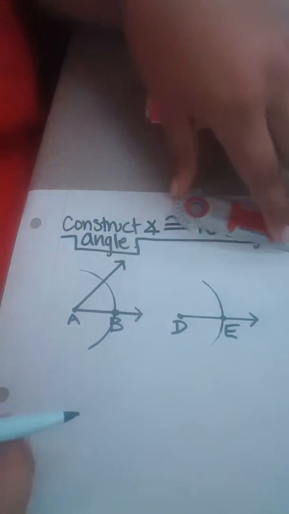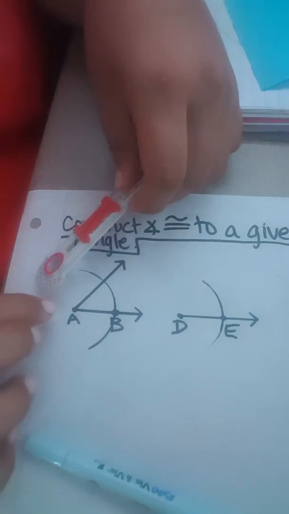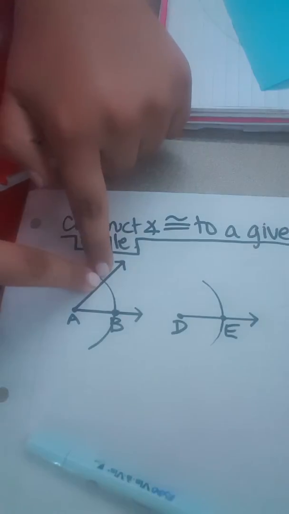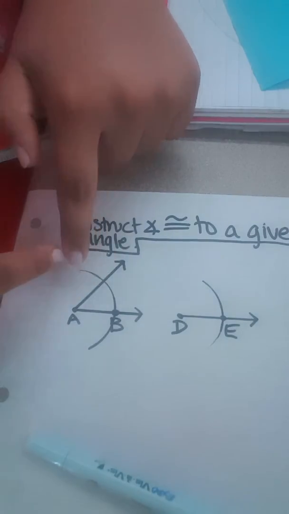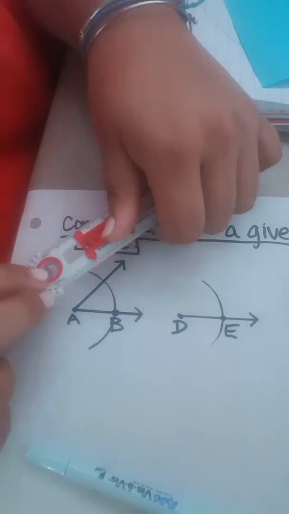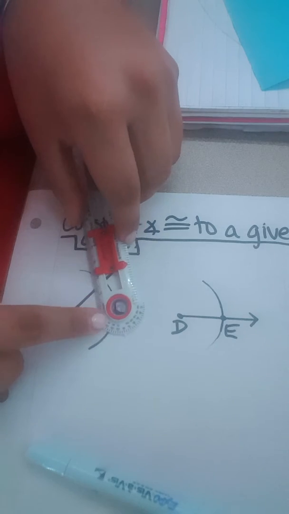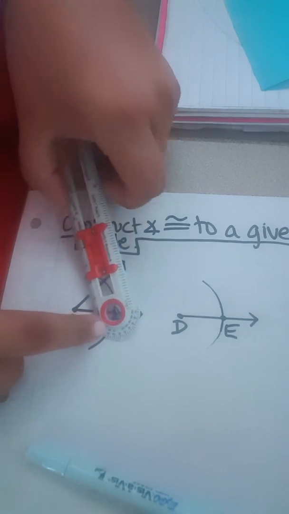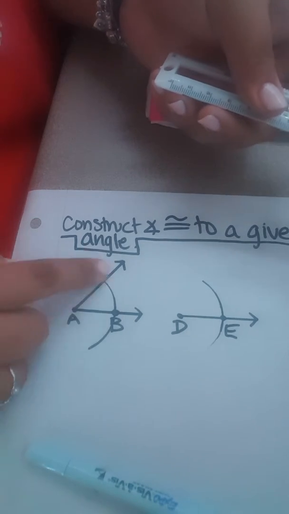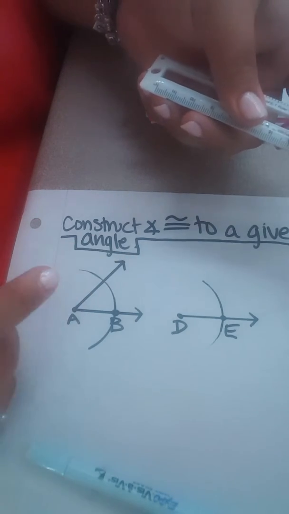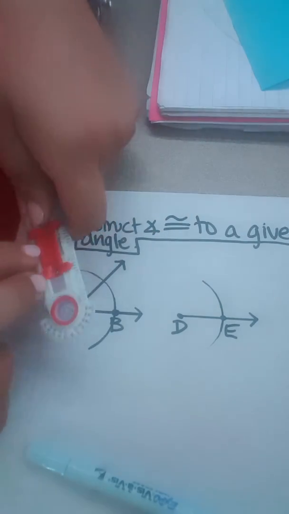The next part is kind of the same thing, but we want to get this point so that we can get the same exact angle. So what we want to do is place this clear dot on point B now, and get one of these dots right at the little intersection where the arc meets the ray, the line.